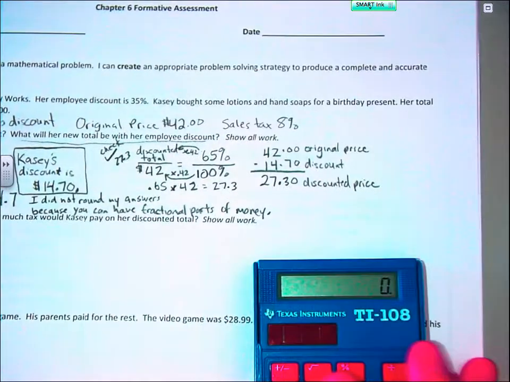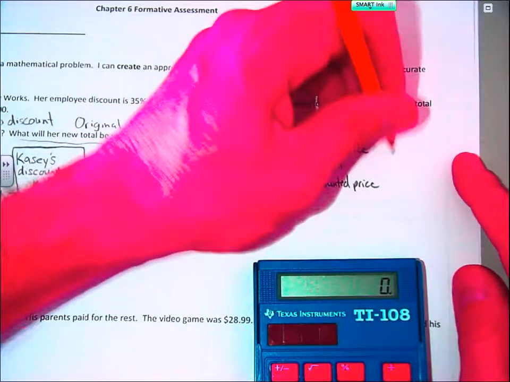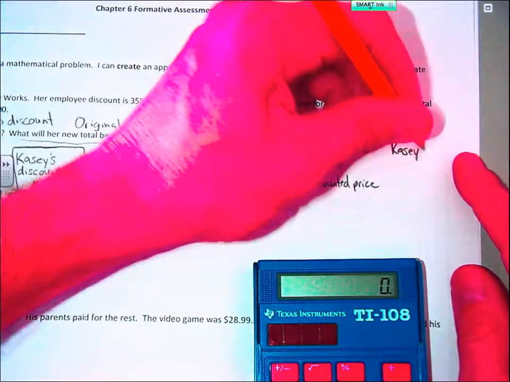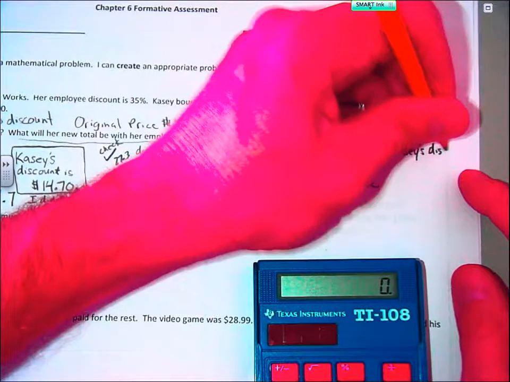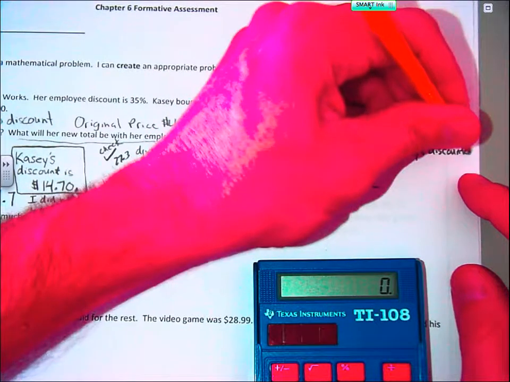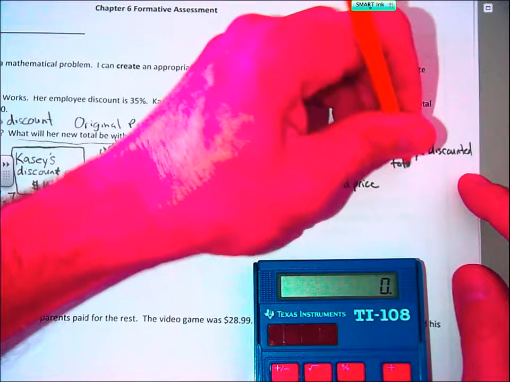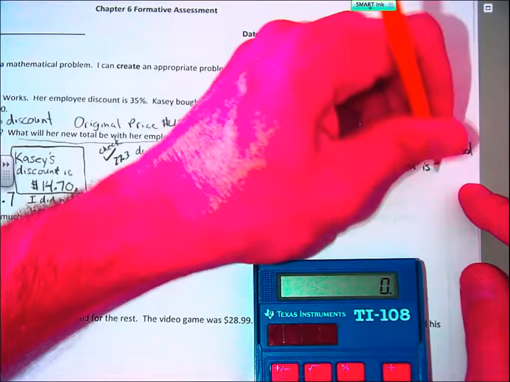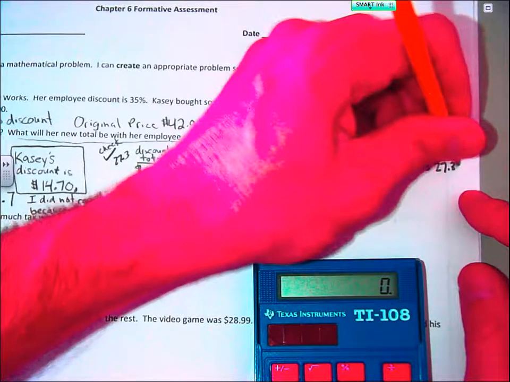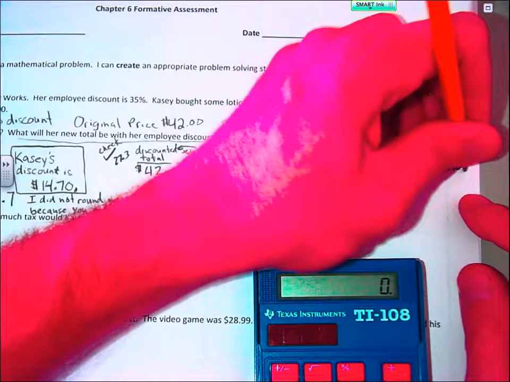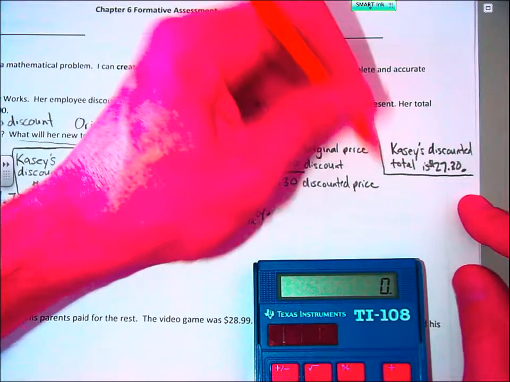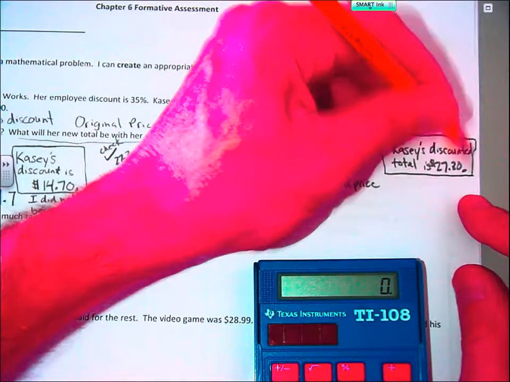Last two things I do. Casey's discounted total is $27.30. Writing the answer in a complete sentence.